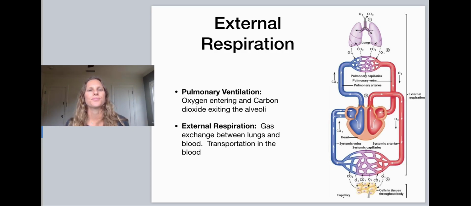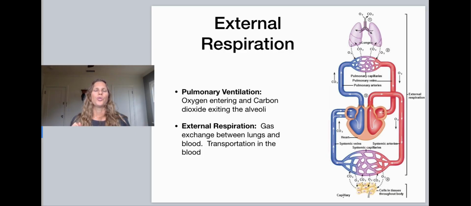Okay, there are two terms that I want you to be very familiar with. One is external respiration and the other is internal respiration. External respiration is the type of respiration that allows us to get gas exchanged between our lungs and our blood at the respiratory membrane.